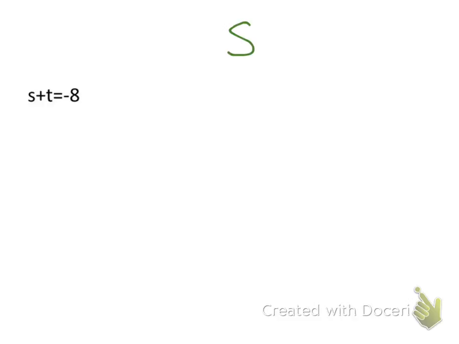So we have an S equals, we have a T equals. Remember, the best way to do this is guess, check, revise. Think of something that you think might work, check it, fix it if you need to.